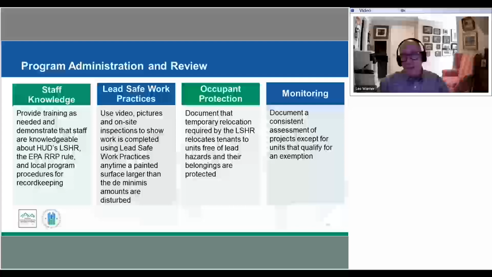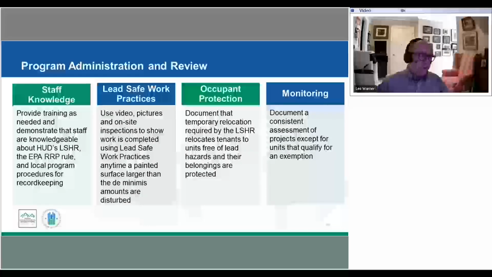We've talked quite a bit about lead-safe work practices. We're not only, on the front end of a project, going to be specifying within bid packets and contracts, making sure that contractors understand that they need to follow lead-safe work practices, but we also need to have some oversight to make sure that that's actually being implemented as required.